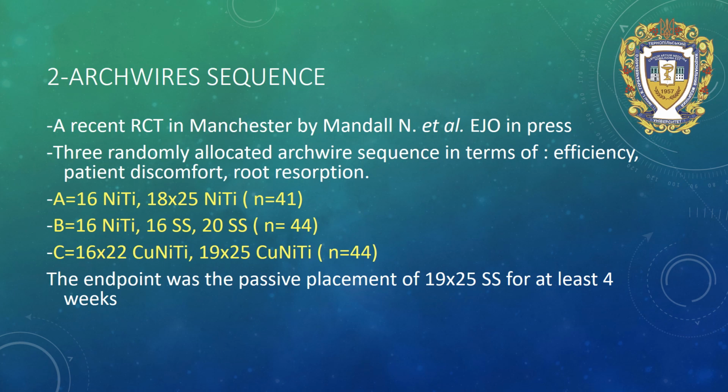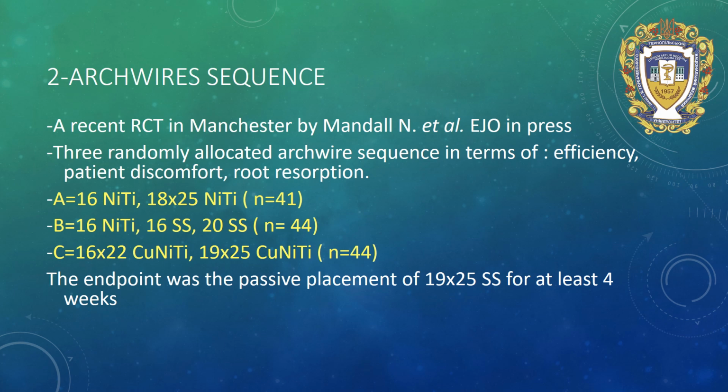Next one, group B: 16 nitinol, 16 stainless steel, 20 stainless steel, quantity of patients 44. And group C used archwires 16 by 22 copper nitinol, 19 by 25 copper nitinol, quantity of patients 44.